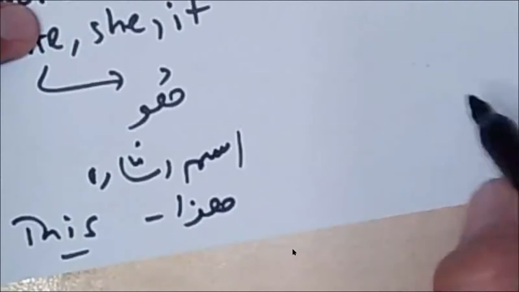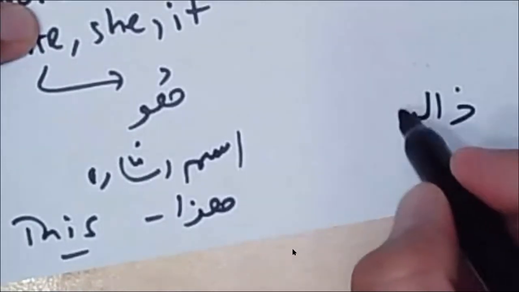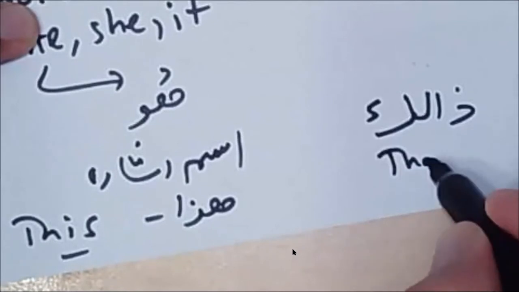No, that was ism mawsul. Haza means this. Zalika, that. So this is for near and that for far. We're going to study this in detail, but I'm just giving you these for the sake of showing you some sentences so that you understand what I'm talking about.